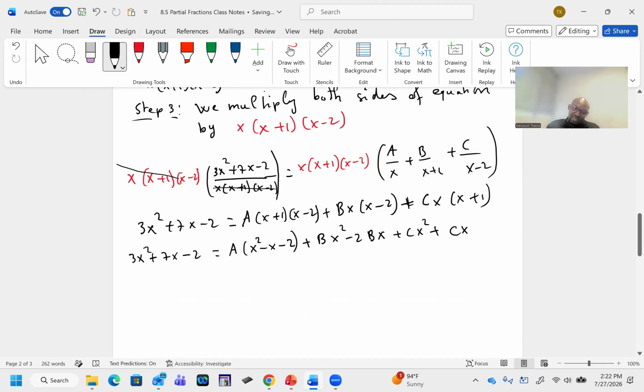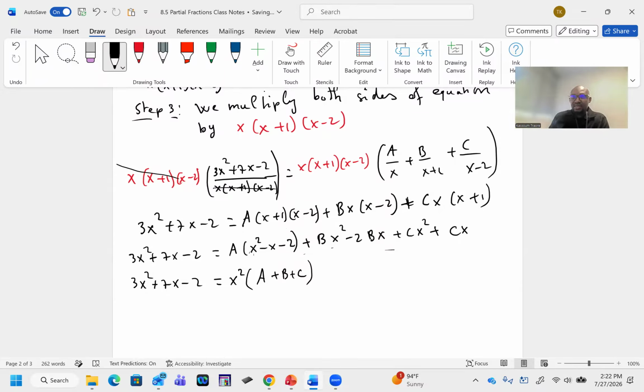I'm not done yet. My 3x squared plus 7x minus 2 should be equal to what? So you will see we'll have ax squared here. So we have bx squared, we have cx squared. So if I factor x squared, I will have a plus b plus c, right?